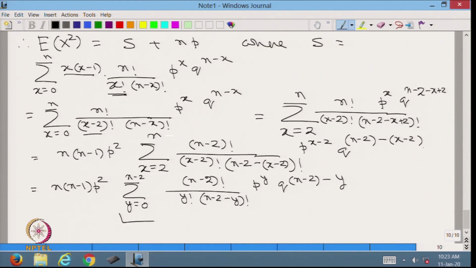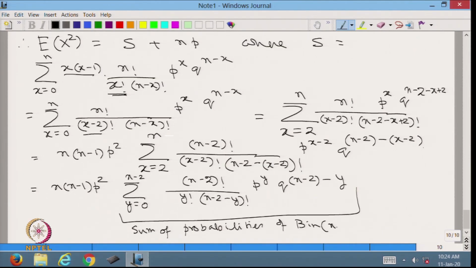What is this sum? This is the sum of probabilities of binomial (n minus 2, p). Hence, this is equal to 1.